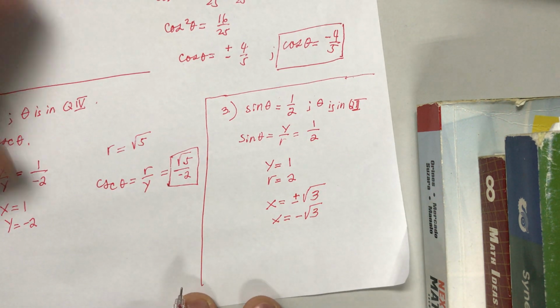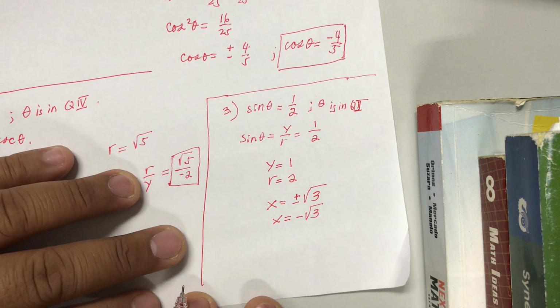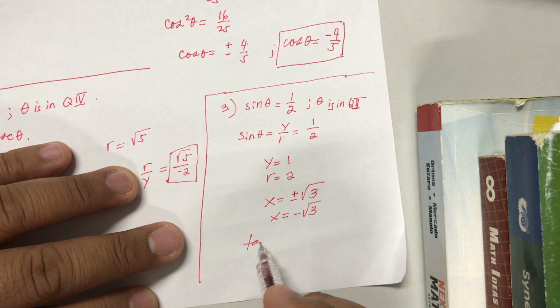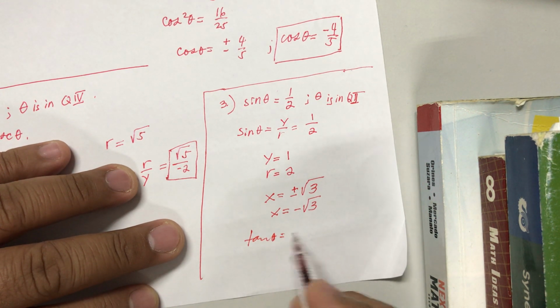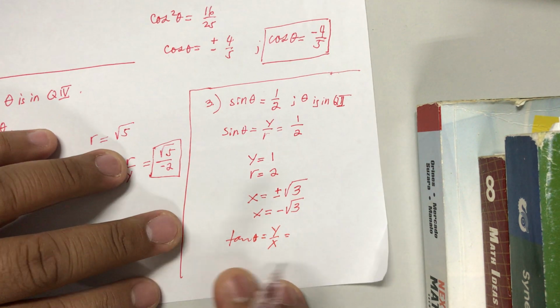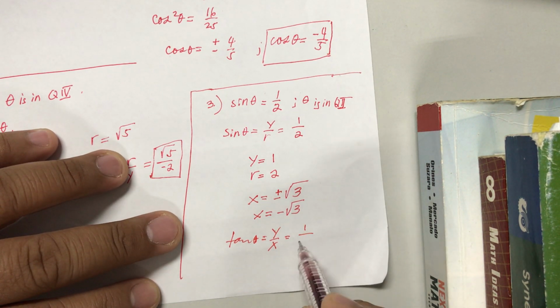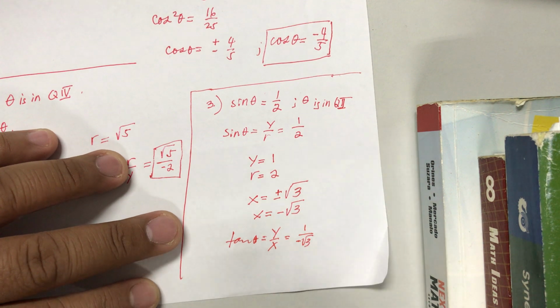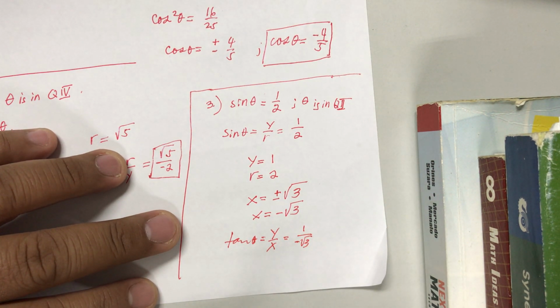Okay. And since you are to find tangent theta, whose definition is y over x, you have 1 over negative square root of 3. Okay. But that is not the final answer because there is a radical in the denominator.